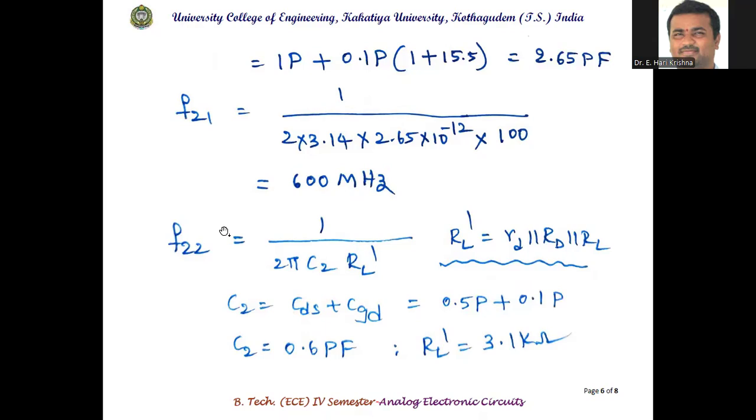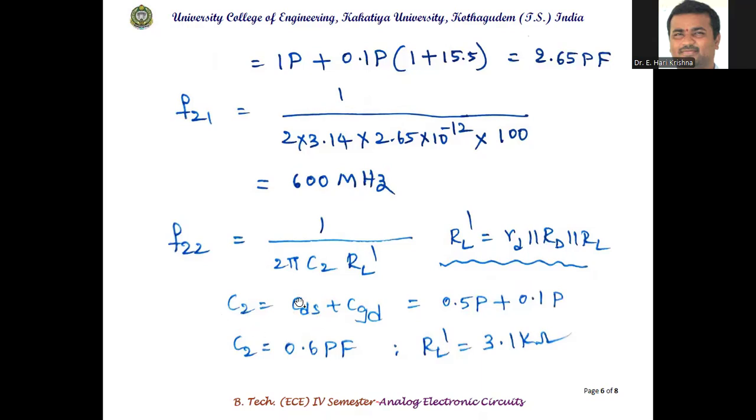Computing the second, that is the output side internal capacitor based cutoff frequency. So F22 is equal to 1 by 2 pi C2 into RL dash. So RL dash is a parallel combination of all these. We calculated this as 3.1K.